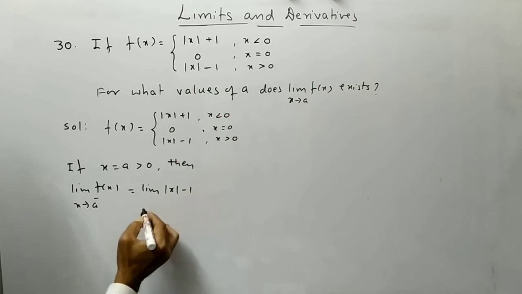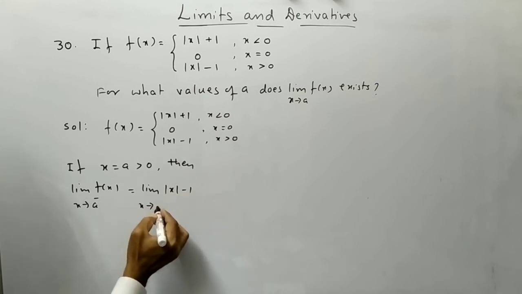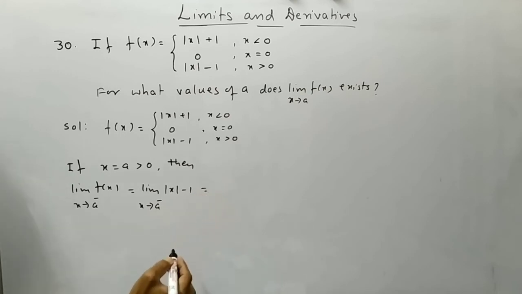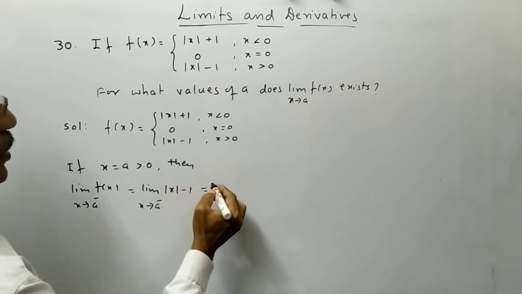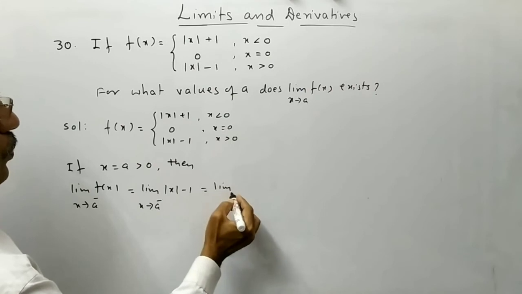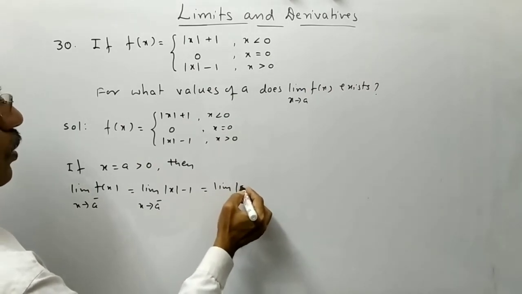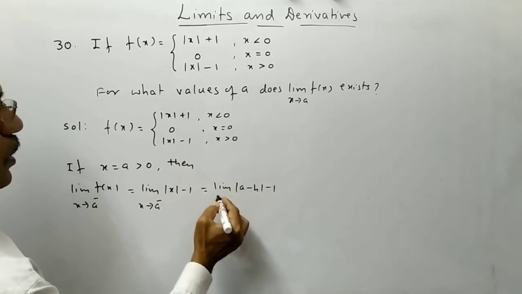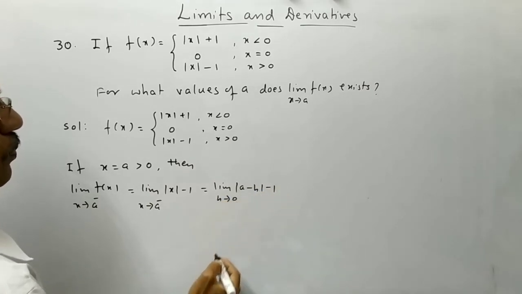Modulus of x minus 1 when x tends to a from the left side is equal to, we can write in terms of h, the limit of modulus of a minus h minus 1 as it is, when h tends to 0.